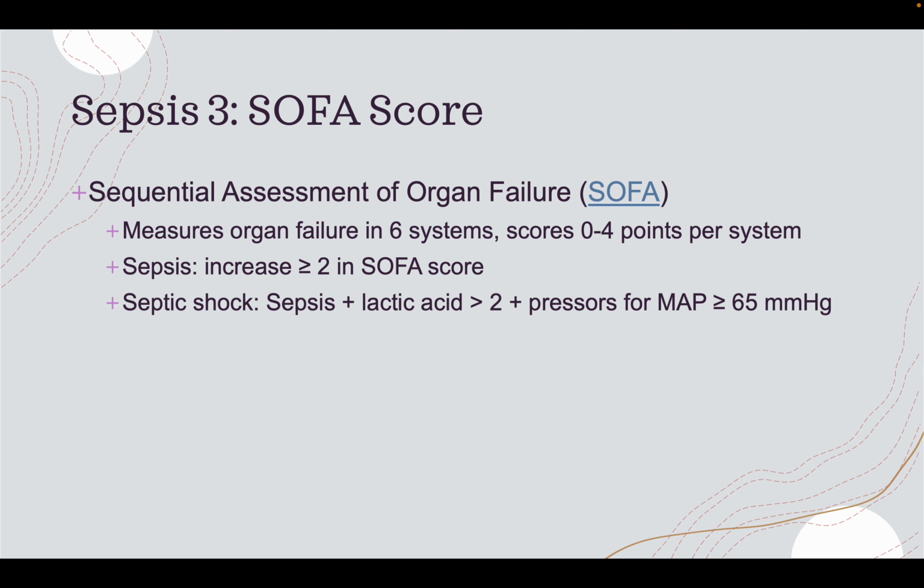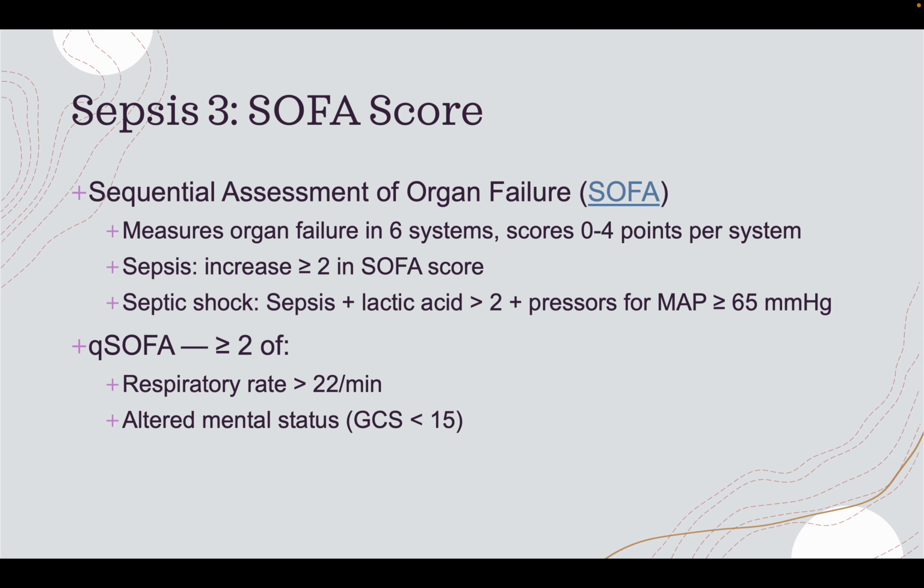This is kind of cumbersome. It's difficult to memorize. It's difficult to use at the bedside. It's not very practical. So they also created Quick SOFA or qSOFA, for which you need greater than or equal to 2 of respiratory rate greater than 22, altered mental status with GCS less than 15, systolic blood pressure less than or equal to 100, and that's it. However, these don't get used.